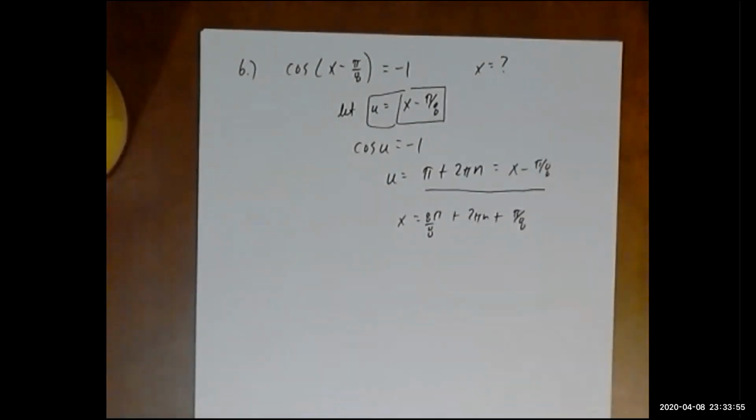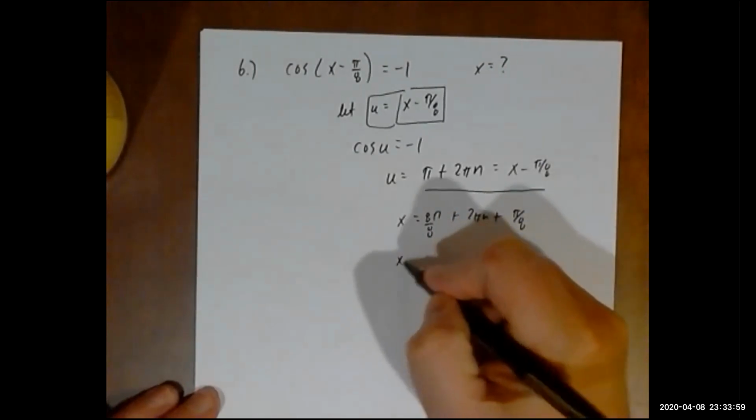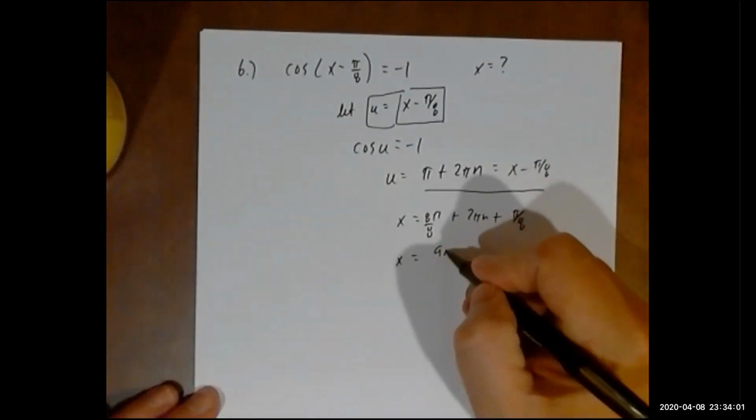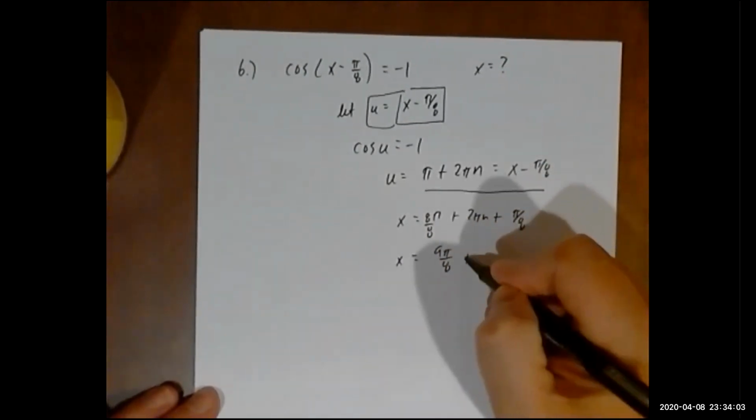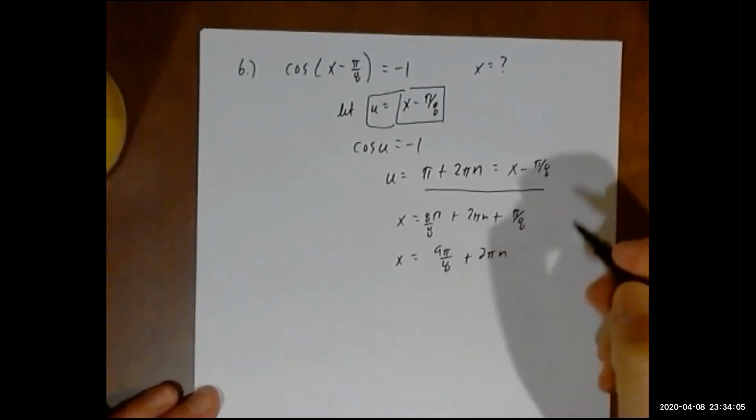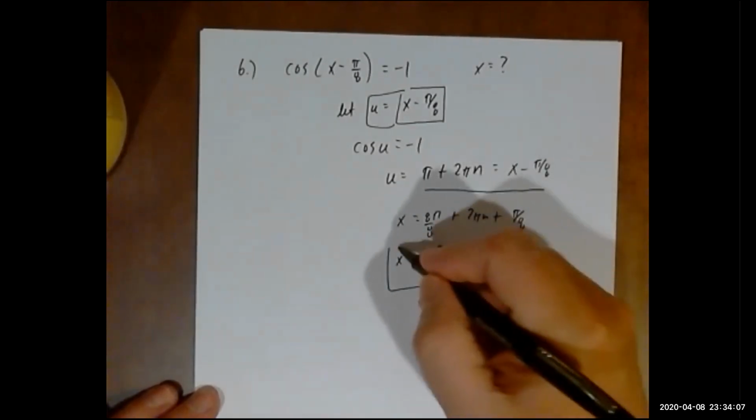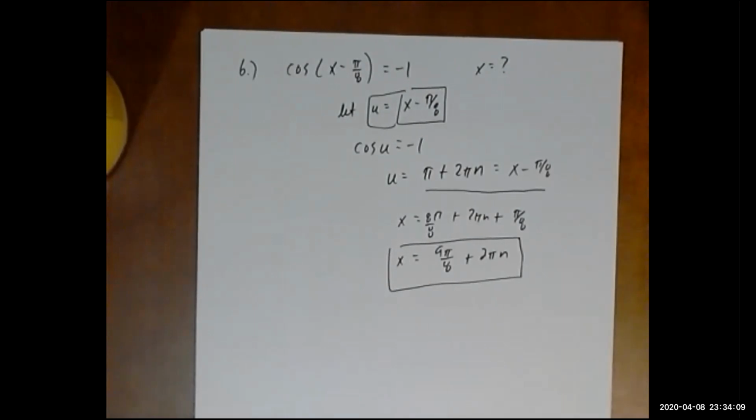So pi is the same thing as 8 pi over 8. So I add these together, and what I've really got is 9 pi over 8 plus 2 pi n. I hope that's one of the solutions and it's correct. 9 pi over 8 plus 2 pi n.